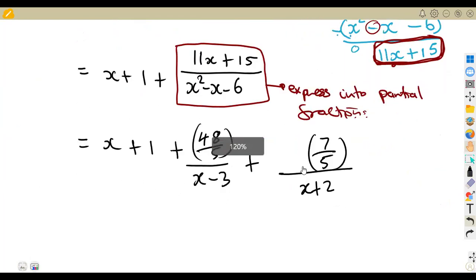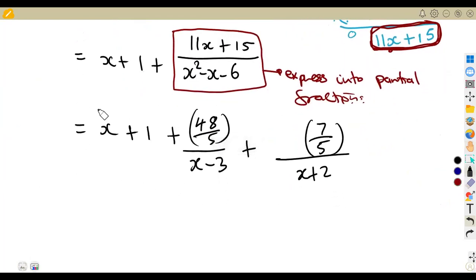And we are supposed to take the integral of this part with respect to x.